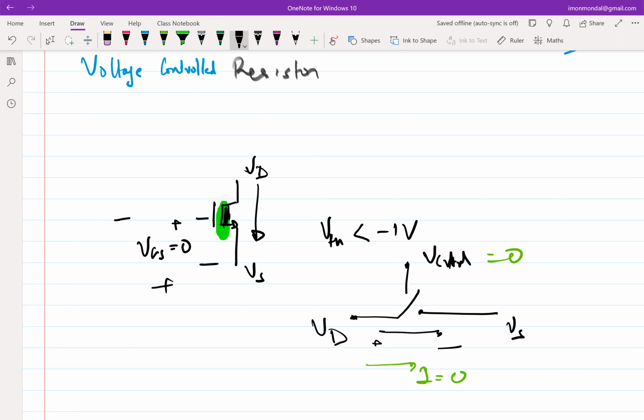But note that ultimately you would want the source terminal to be common between the gate and source and drain and source. So if you are planning to turn it off, there are two implications of that. You are essentially saying I am fixing this terminal and I am moving this.